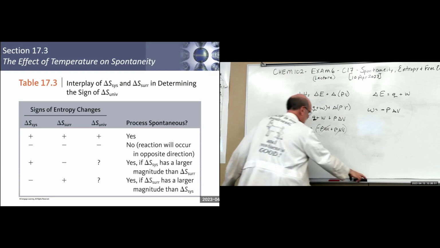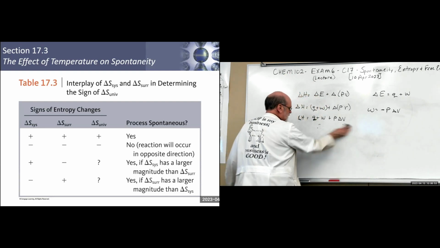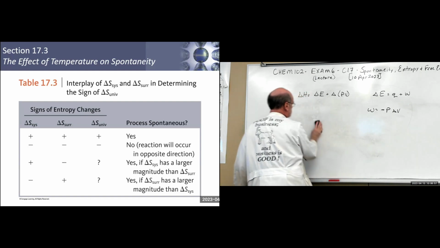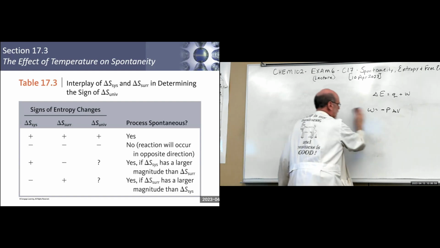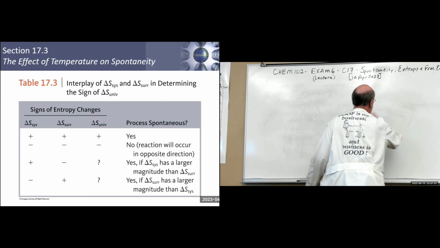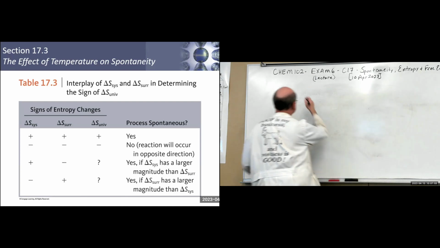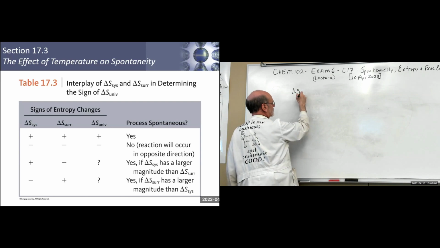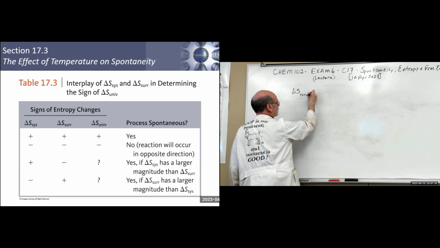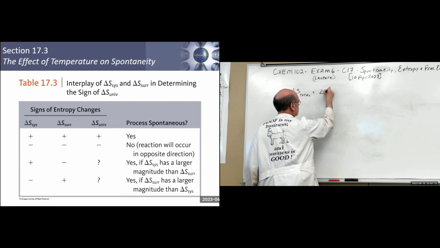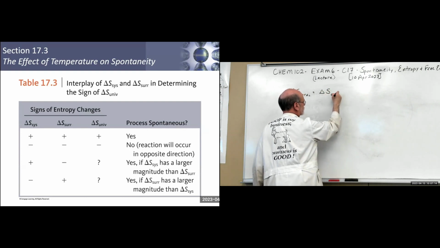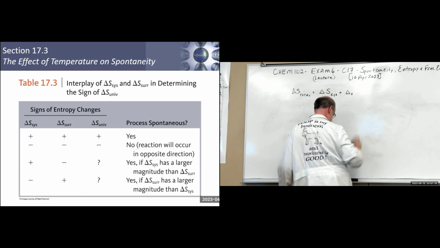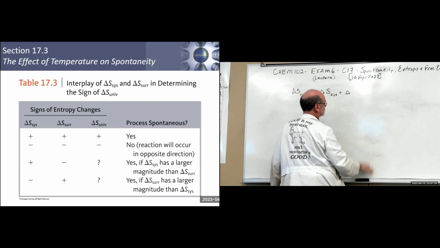All right. So now let's get back to spontaneity. Can we use our expression for total entropy, which is equal to the entropy change of the system plus the entropy change of the surroundings?